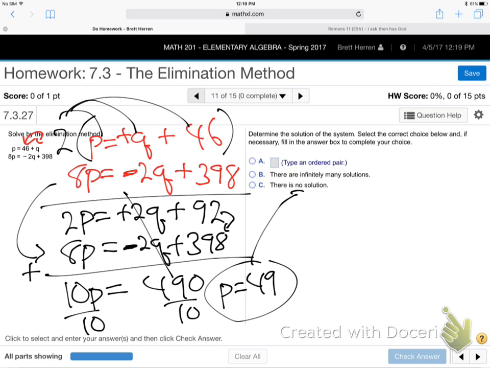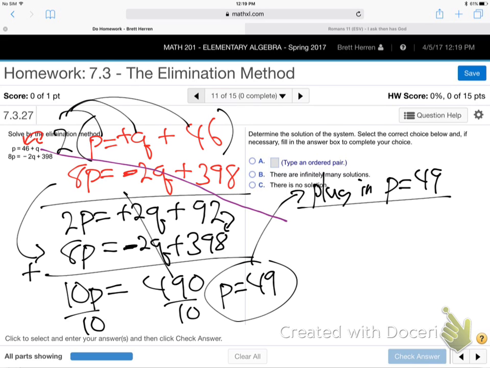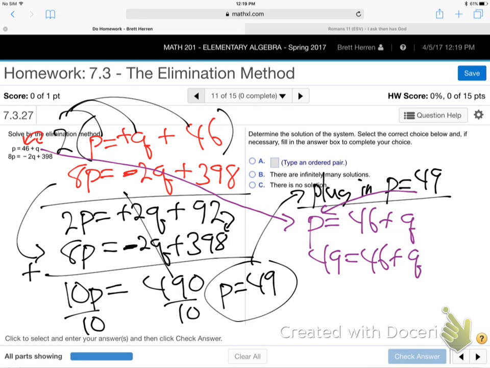Now, plug that in. Plug in P is 49. Where do we plug it in? Anywhere we want. I just grab the first equation all the time. So that's P equals 46 plus Q. Plug in the 49: 49 is 46 plus Q. Last step, subtract 46.